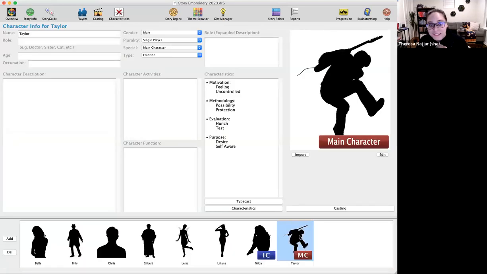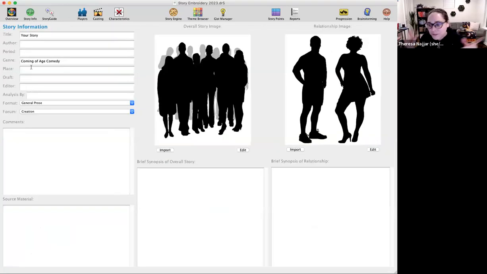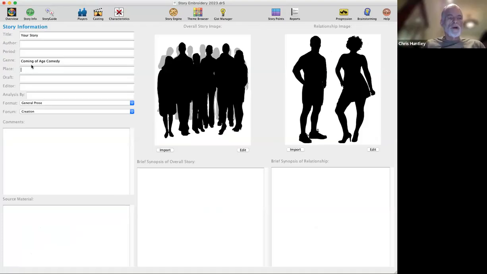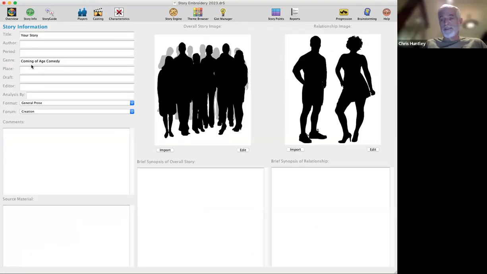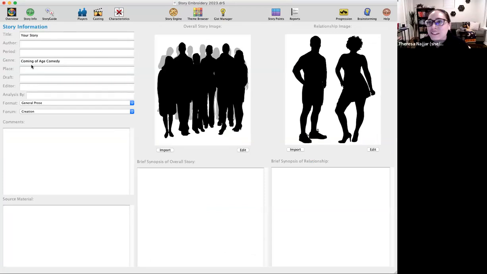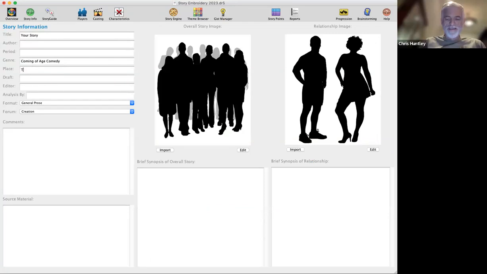So the setting is the dentist's office and his school, and he goes there after school as an intern. It's his after school job. This is coming of age. But as a place, a dental office might be a scene, so what's the whole location? Is this in Pittsburgh? Austria? Spain? Let's go with Toronto. Okay.